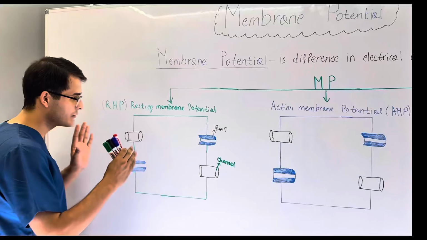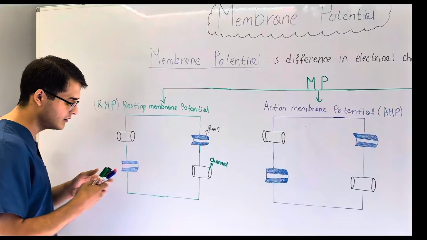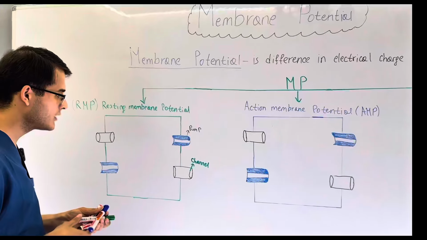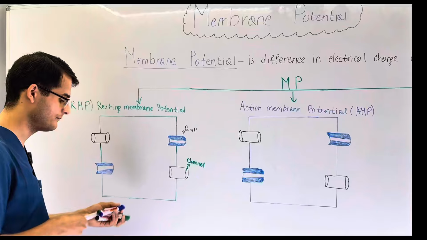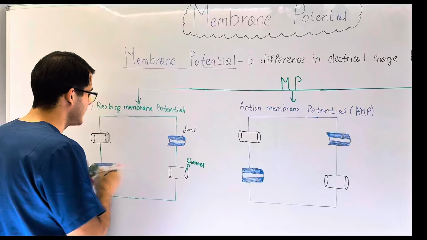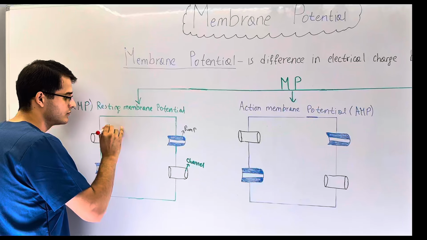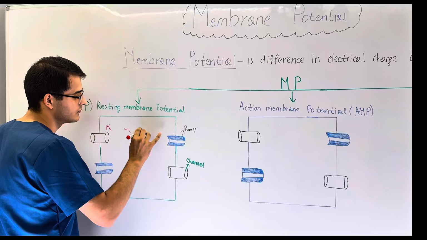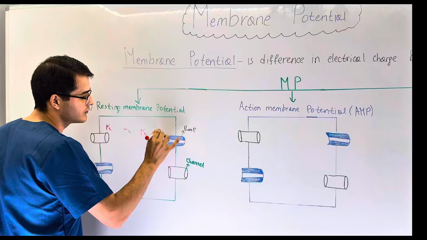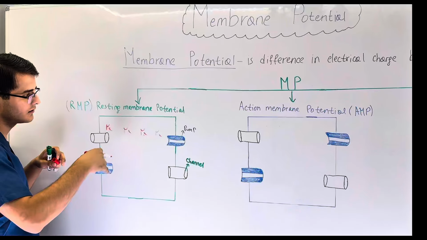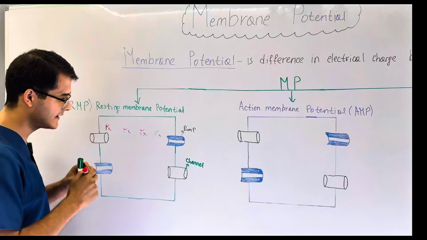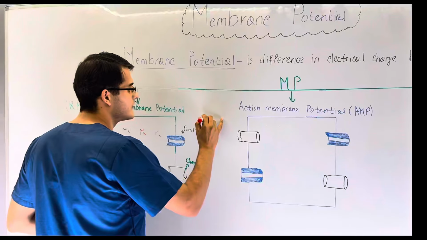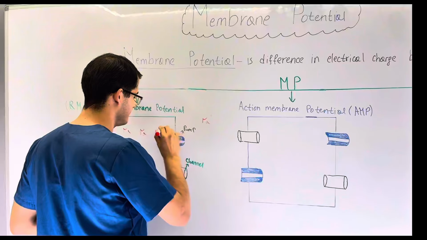Now during the resting, when your cell is resting, we're going to see which structures are inside and outside of your membrane. You have sodium. I will not fill the whole cell, I will write a smaller amount, and you have sodium outside of your cell.